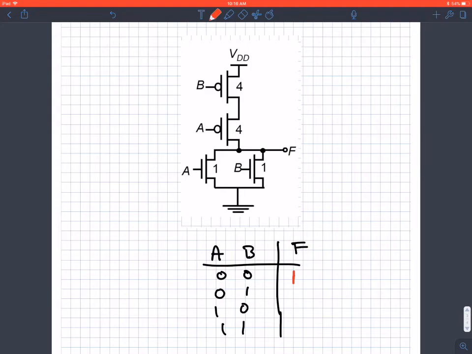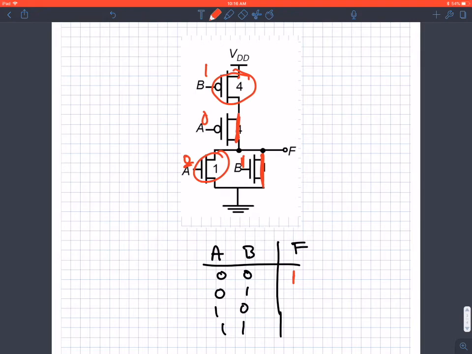The next combination would be A equals 0, B equal 1. Okay. On that, this is an open. This is, I'm sorry, because there's a bubble there, and this is a 0. This is a short, but this one's an open because it's a 1. All right. This one's a 0 here, that means that's an open. There's a 1 here, which means that's a short.